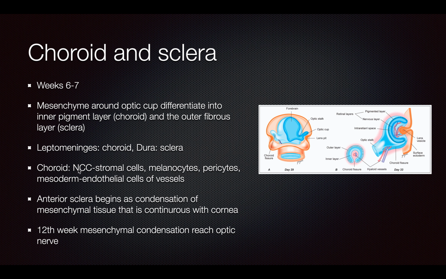The choroid is made out of the neural crest cells, which are the stromal cells, melanocytes, pericytes, and the mesoderm is going to make the endothelial cells of the vessel. The anterior sclera begins as a condensation of mesenchymal tissue that is going to be continuous with the cornea. And by the 12th week, the mesenchymal condensation will reach the optic nerve.